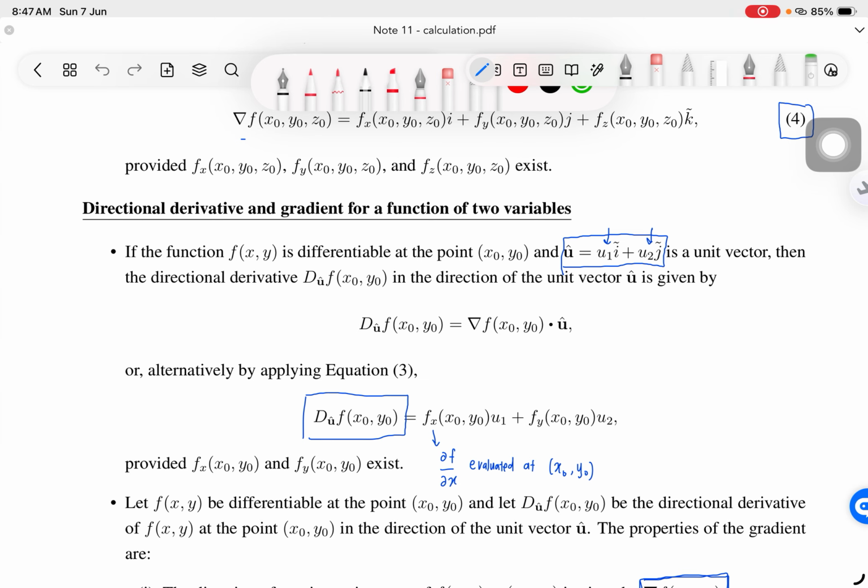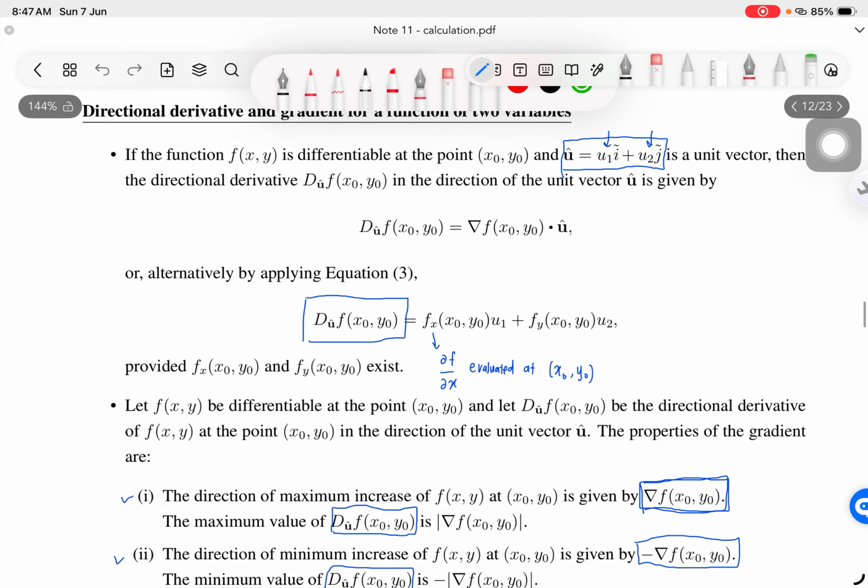The directional derivative we write as D_u, and it is equal to del f(x0, y0) dot with your u. Here u is the unit vector, so it is very important for you to check whether the vector given is a unit vector or not.